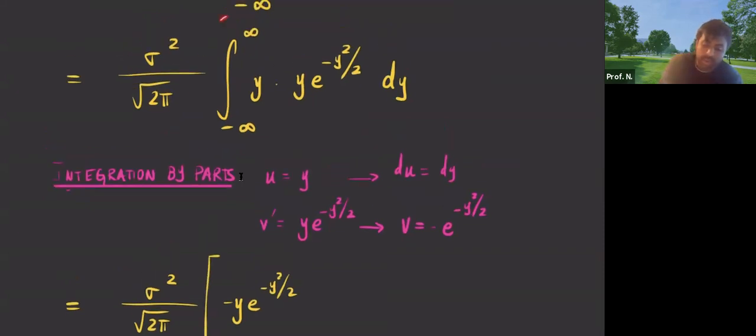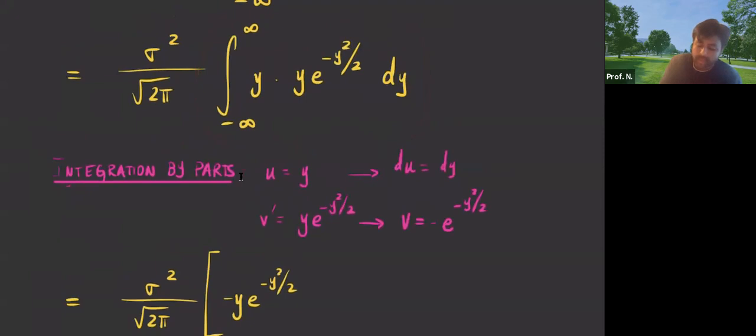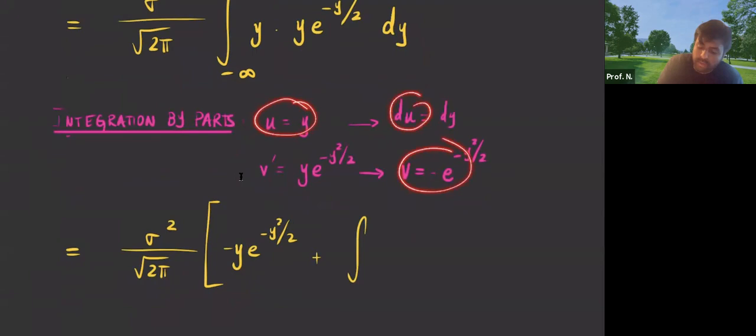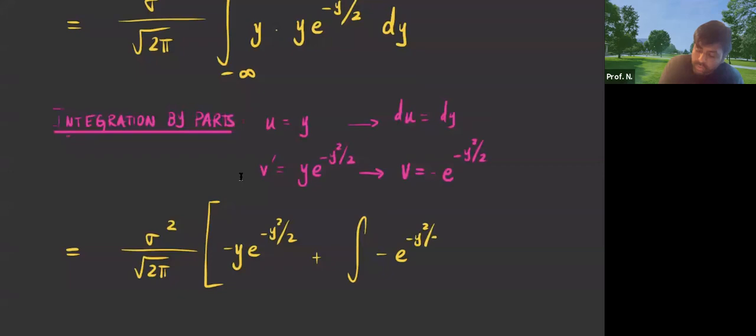This whole thing is equal to, when you do integration by parts, u times v, plus the integral of v du. It's usually the way I do it: uv, and then this is v du. So what's du? It's just dy, and this will be negative e to the negative y squared over 2 dy.